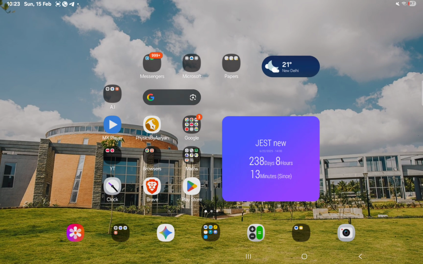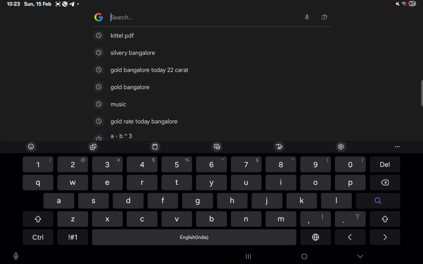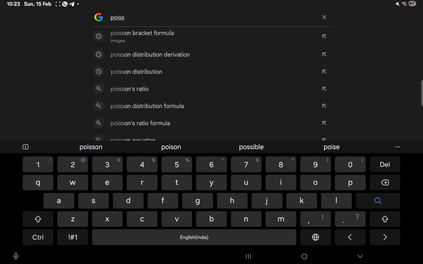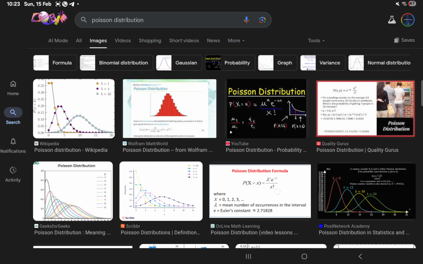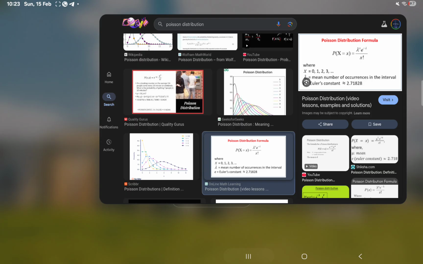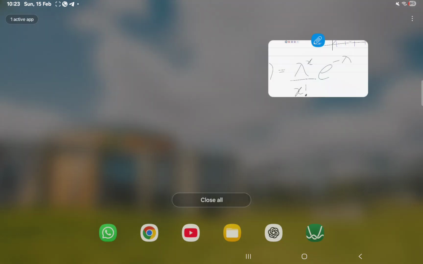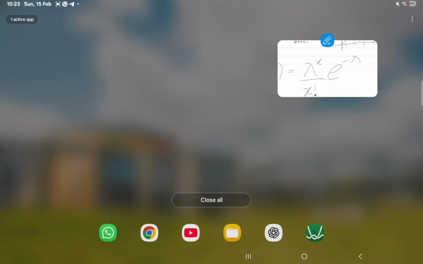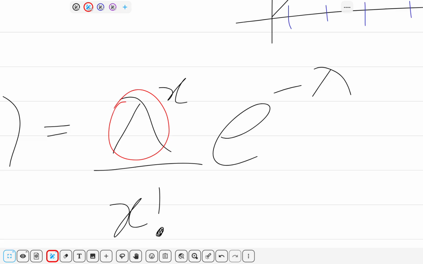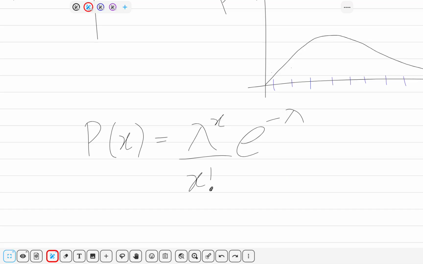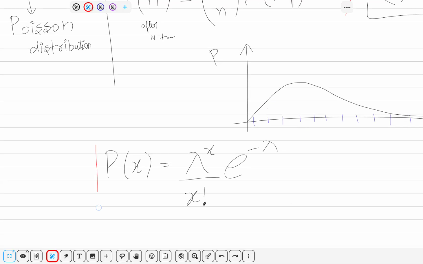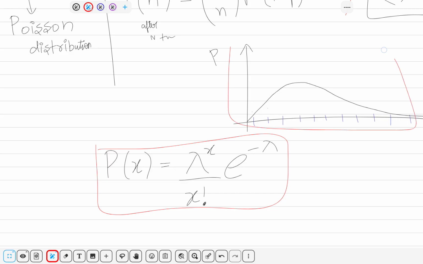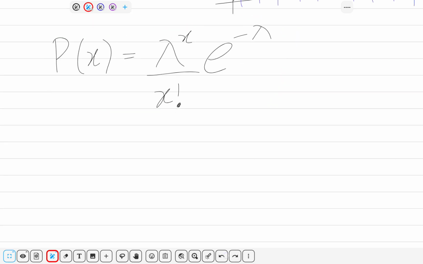Let me reconfirm it. Yep, we are good. And this lambda is the mean of the distribution. So this is the Poisson distribution and this is the binomial distribution.